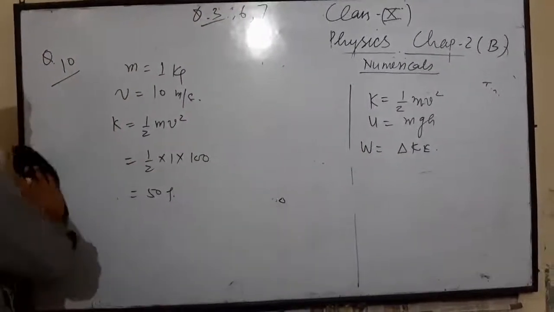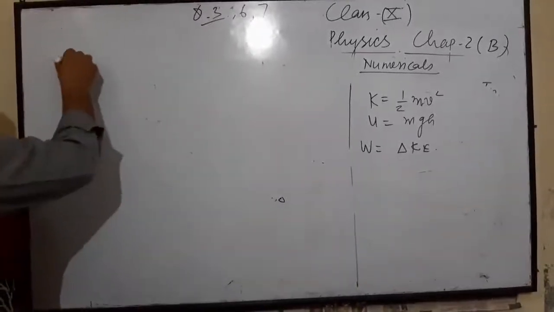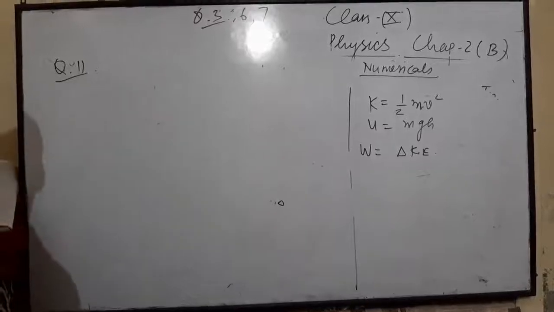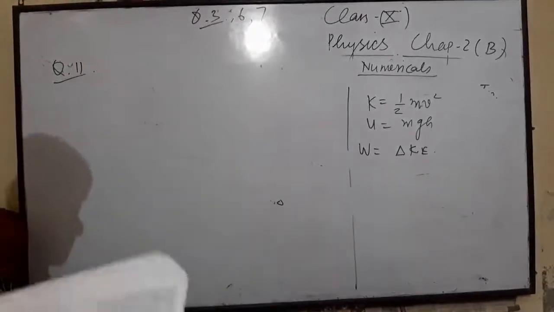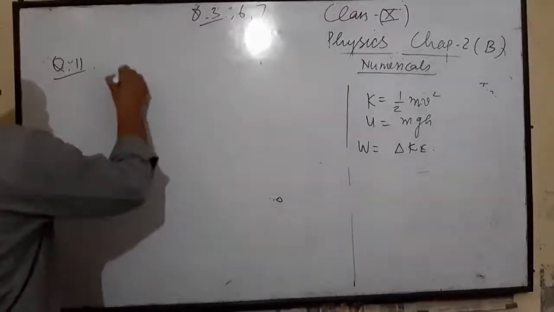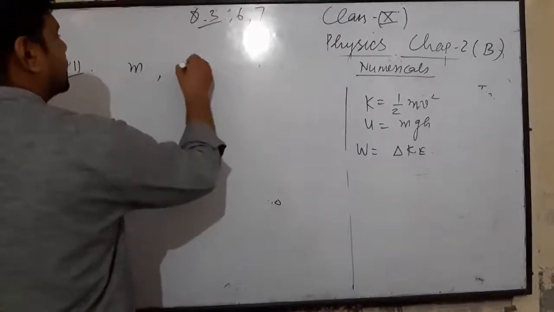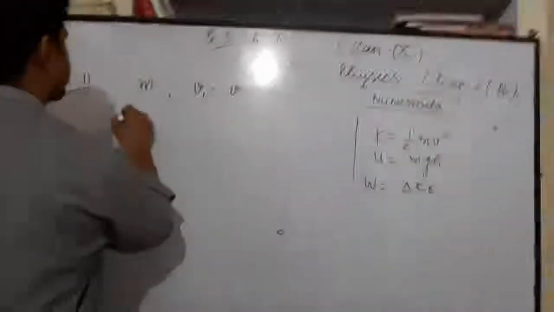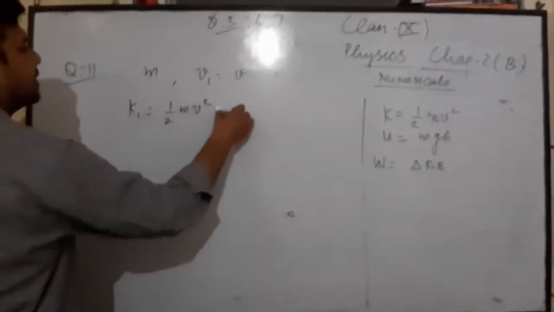Now question number 11. If the speed of a car is halved, how does its kinetic energy change? Consider the mass of the car is m and the initial velocity is v. So the initial kinetic energy is equal to half mv square.